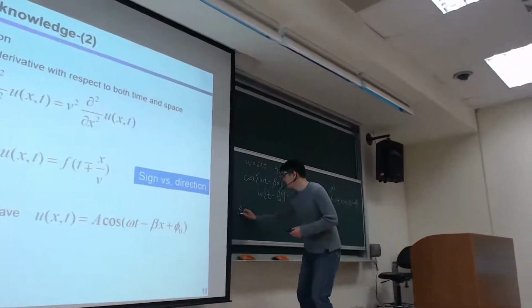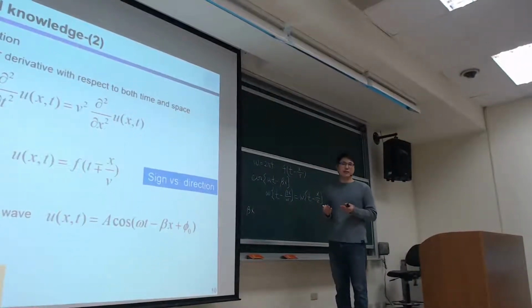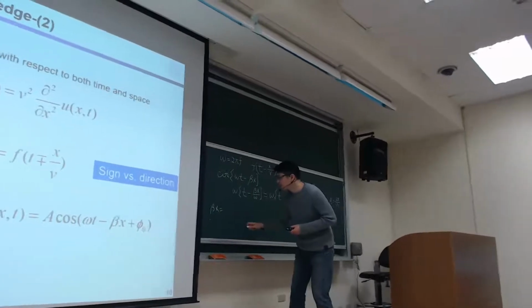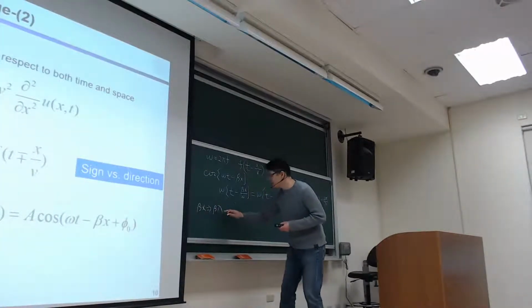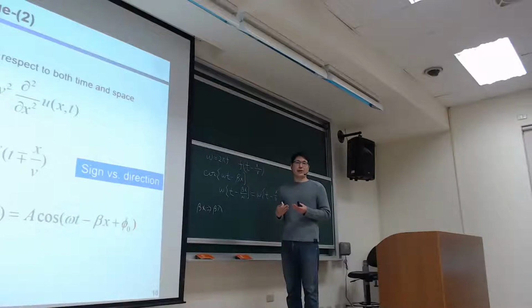So beta x is nothing more than a phase accumulation in the spatial domain. So if you allow a wave to propagate for exactly one wavelength, the phase you accumulate will be exactly 360 degrees, 2 pi.